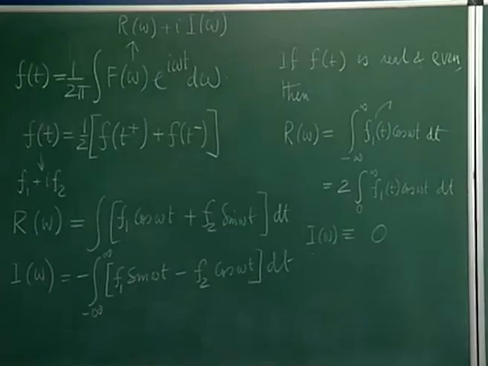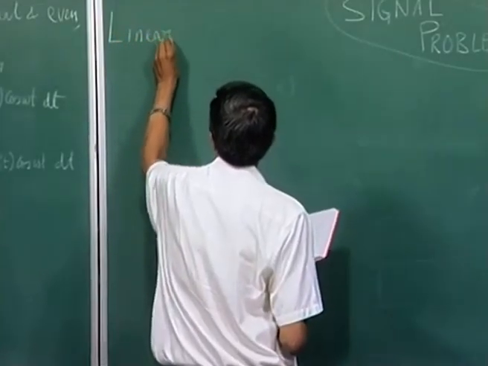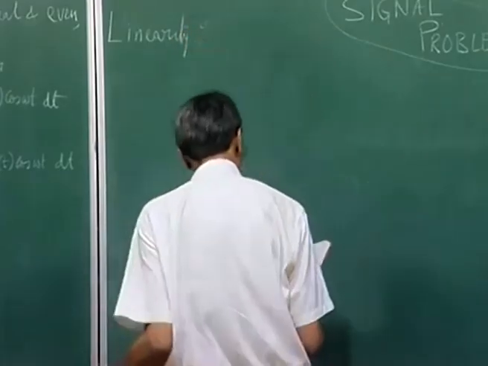Now, let us enunciate some of the properties of Fourier transform. One of the properties is of course the property of linearity. What does the linearity property imply?